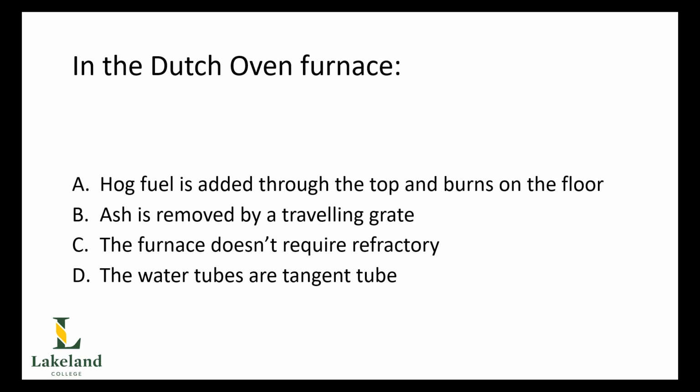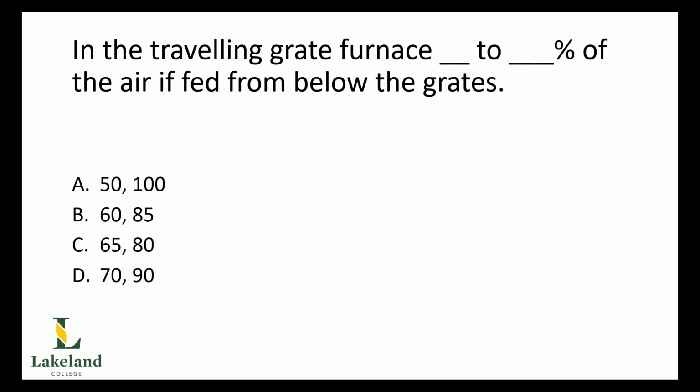Well, hopefully you remember the diagram for this one. Hog fuel is added through the hoppers into the top of the furnace, where it then drops onto the bottom of a refractory lined cell and then burns on the floor until it's reduced down to ash, and then it's manually raked to remove.